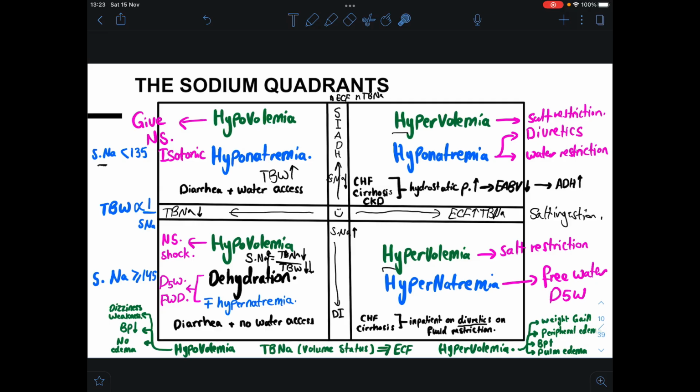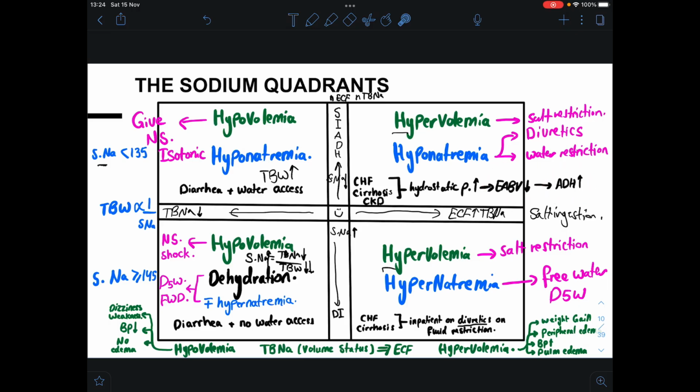Let's discuss hypervolemic hyponatremia. This is a patient who has, for example, congestive heart failure, cirrhosis, or CKD. These patients, because they have inefficient pumping of blood, for example in cases of cardiac heart failure, hydrostatic pressure starts increasing, interstitial fluid starts accumulating, and effective arterial blood volume starts decreasing.